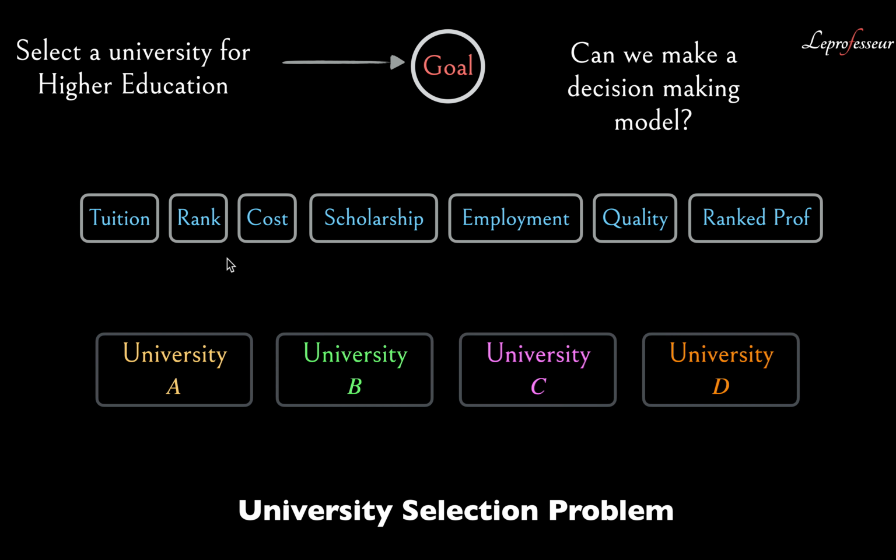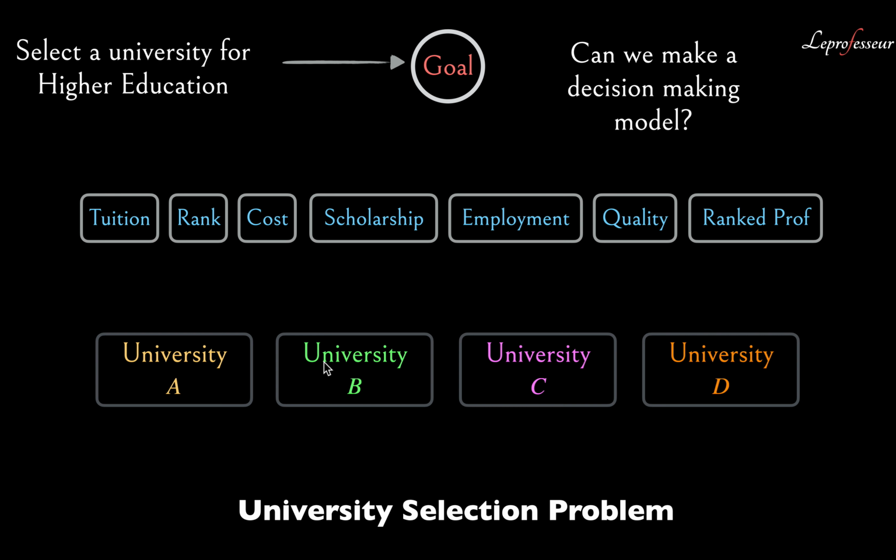See, it's very complex now. 1, 2, 3, 4, 5, 6, 7 factors. And for alternatives, if you just do permutations and combinations, it's just too many. So is there any method? Can mathematics help us make a decision?